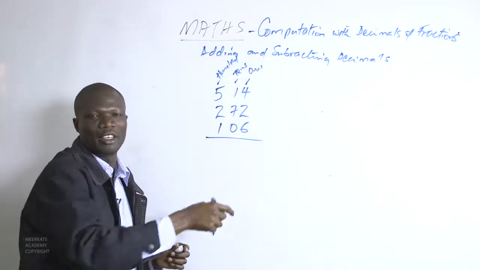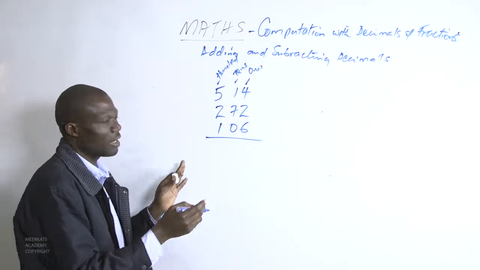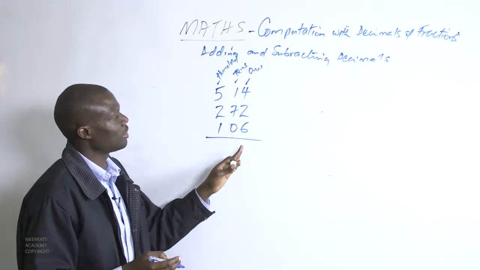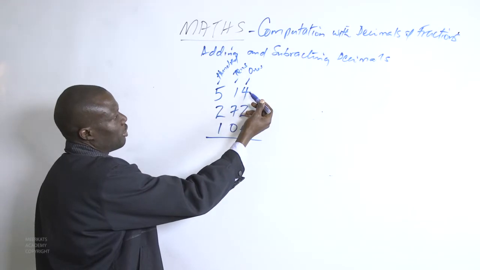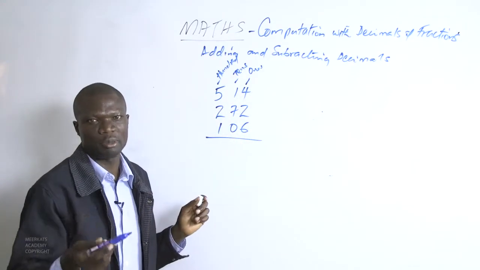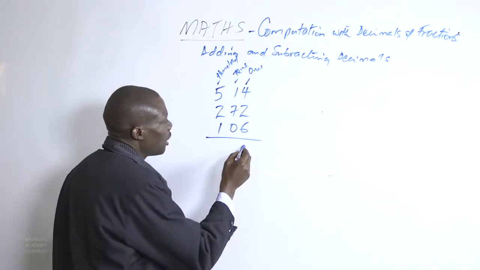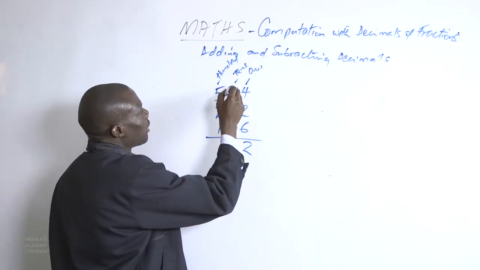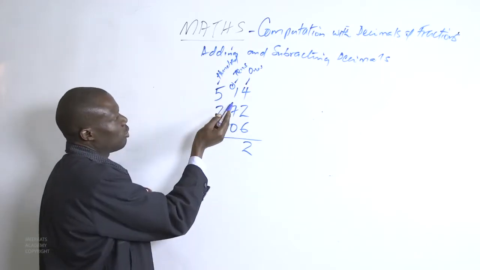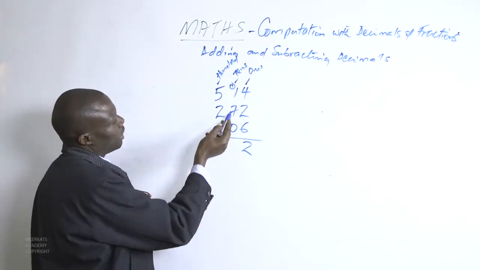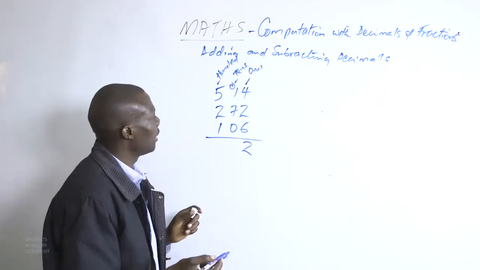So we add each column independently, and any extra we carry over. In this case, 4 plus 2 is 6. 6 plus 6 is 12. We shall have 12, carry 1. So 1 plus 1 is 2. 2 plus 7 is 9.